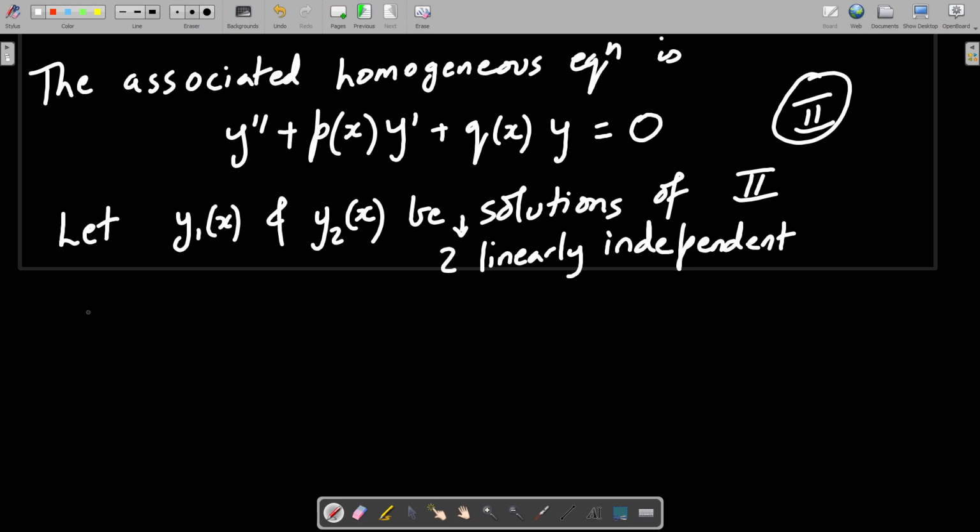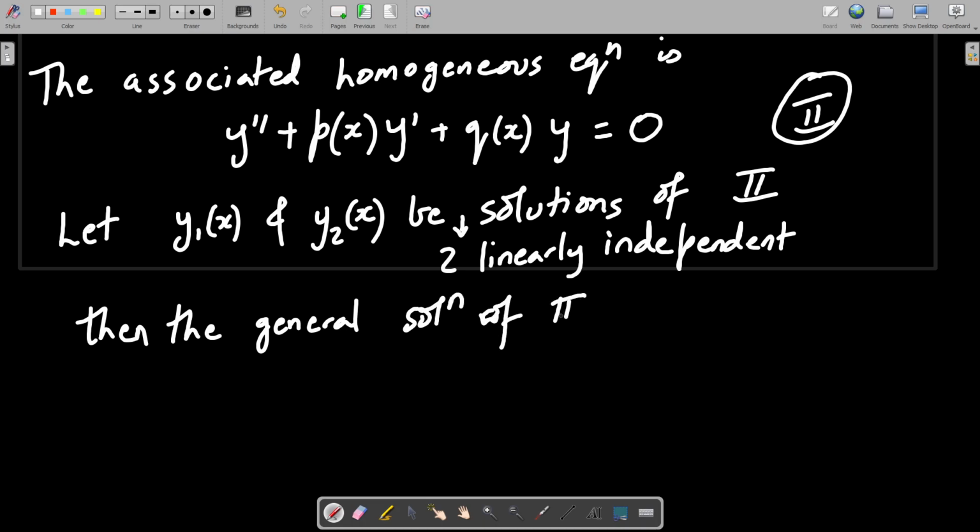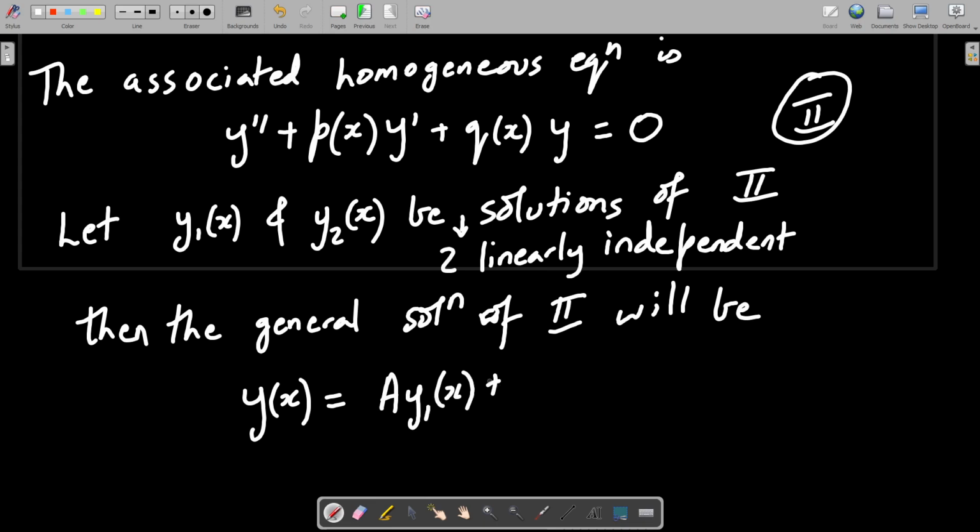Then the general solution of 2 will be y of x is equal to a times y1 of x plus b times y2 of x, where a and b are arbitrary constants.